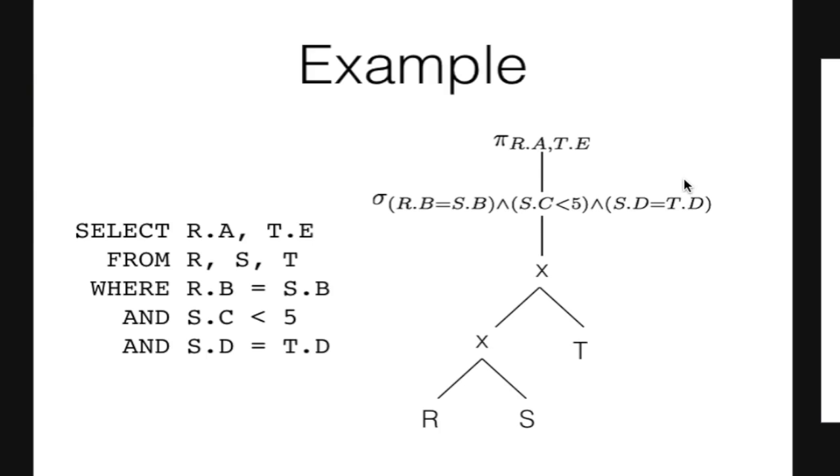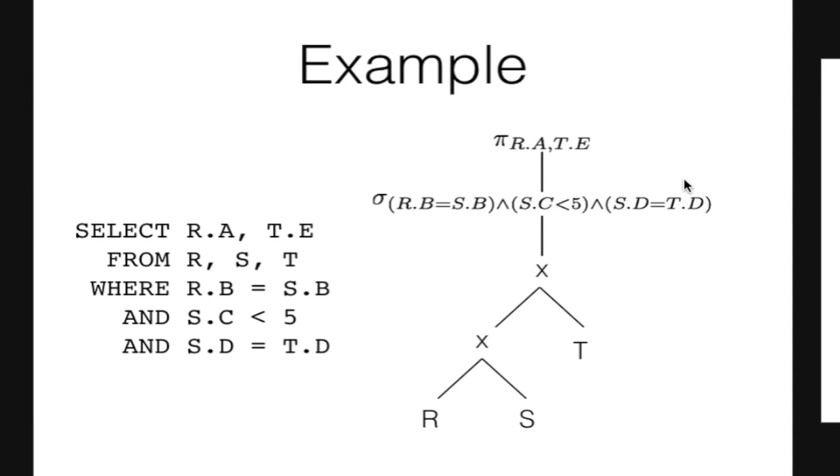So in this case, is there any way that I can push part of this selection down into one of the two sides of the relation? Yeah? You could put R.B equals S.B into the cross product of R and S. Okay, so I can push that down to the left-hand side. Anything else? Yeah? Pull the S.C down there as well.